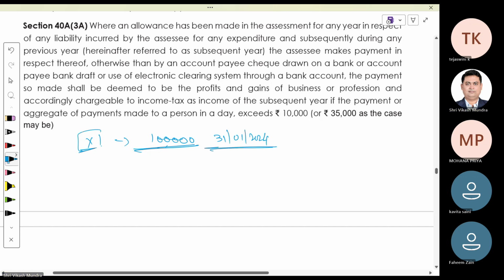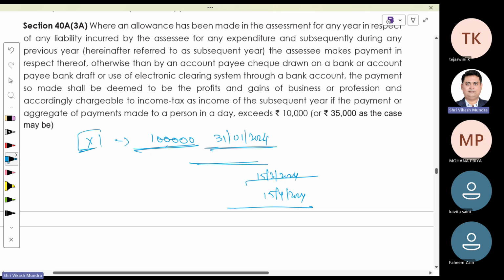As per terms of contract, we should make payment within 30 days. So ideally, within February, I'm required to make payment to them. But say the payment has been made by me on 15th March 2024, or say on 15th April 2024. In this situation, what should be the tax treatment?